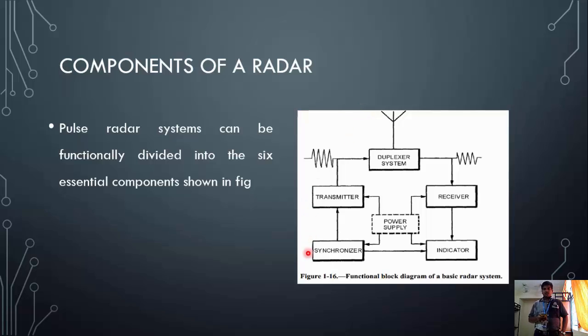As shown in the figure, the duplex system receives signal from the power supply to the synchronizer and transmitter to the duplexer and receiver to an indicator. These components we will discuss in later slides: the transmitter, receiver, synchronizer, indicator, and the duplex system.